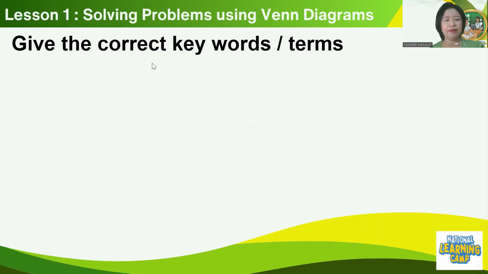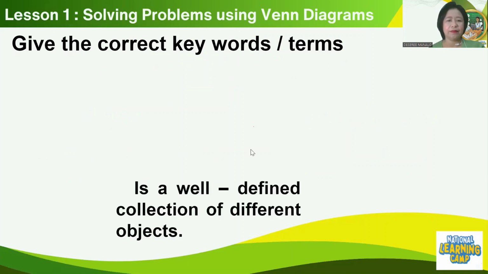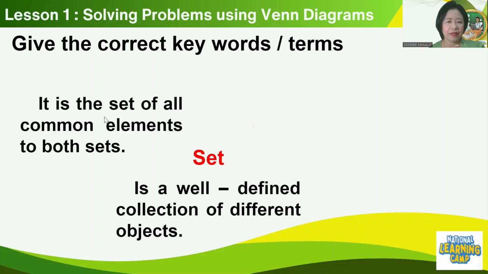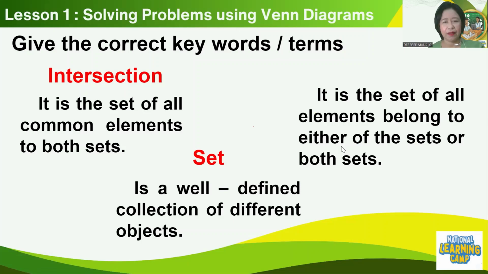Next, give the correct keywords again. It is a well-defined collection of objects. It is a set. It is the set of all common elements to both sets. Intersection. And the last, it is the set of all elements belonging to either of the sets.